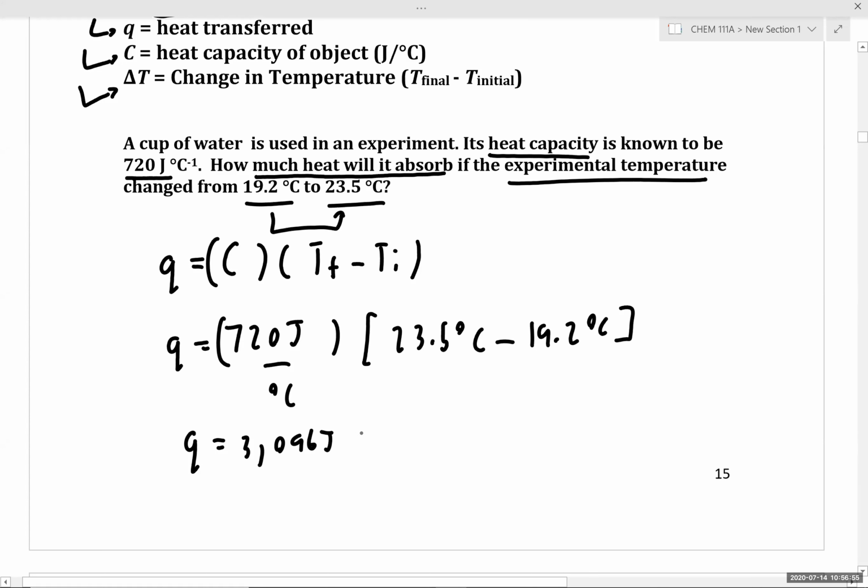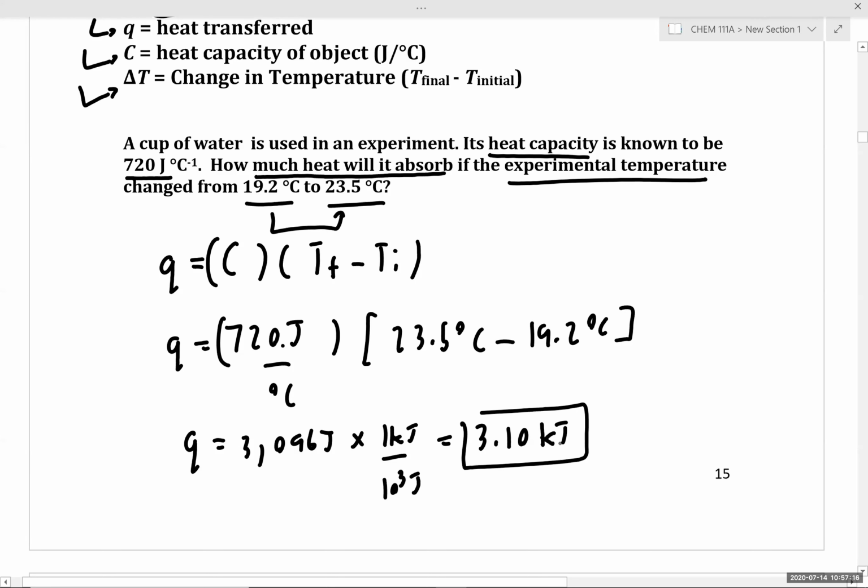We would have to absorb 3,096 joules, and we know that in 1 kilojoule we have 10 to the third joules. We'll round this to 3 sig figs. That gives us 3.10 kilojoules.